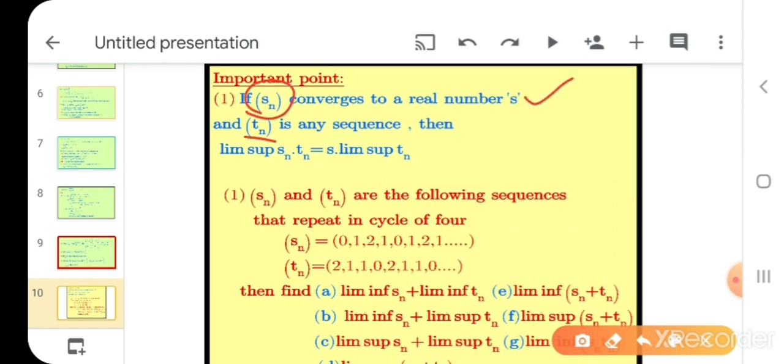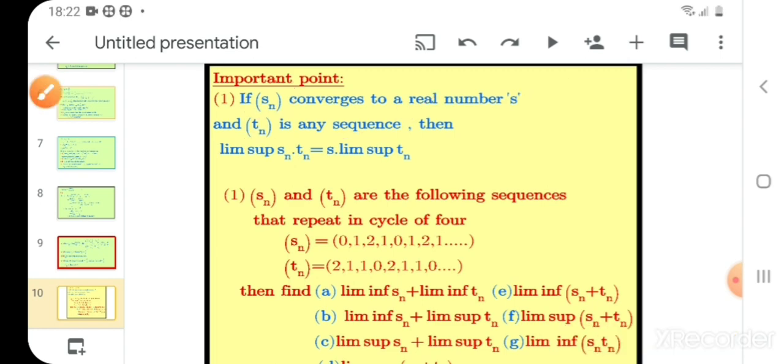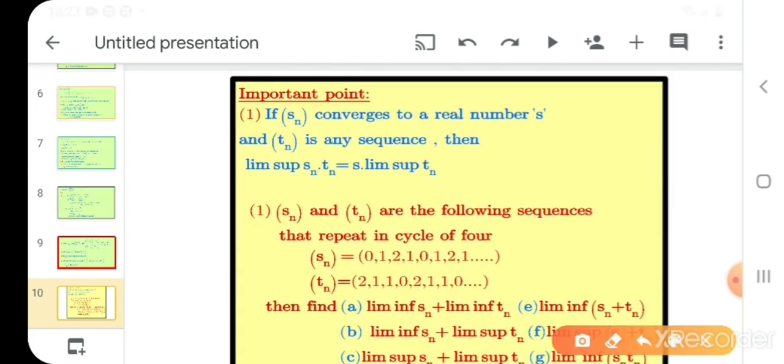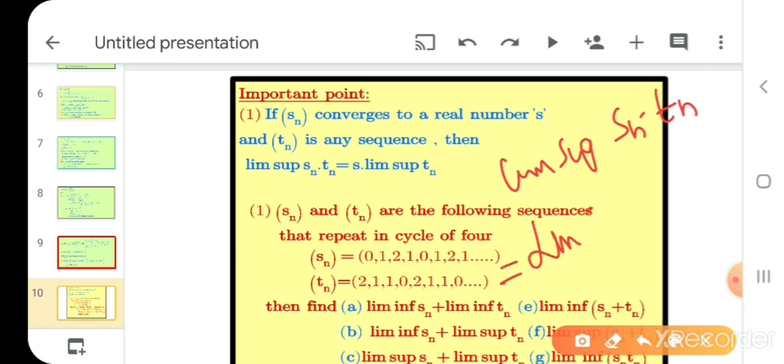And Tn is any subsequence. We don't know whether Tn is convergent or divergent. But Sn converges to the real number S. Then what is the formula here? Limit supremum of Sn into Tn equals limit supremum of Sn into limit supremum of Tn.